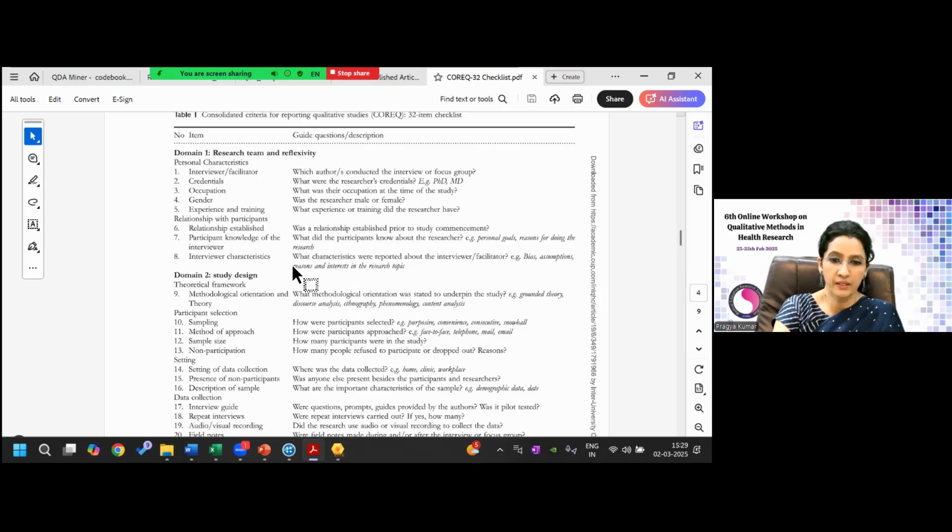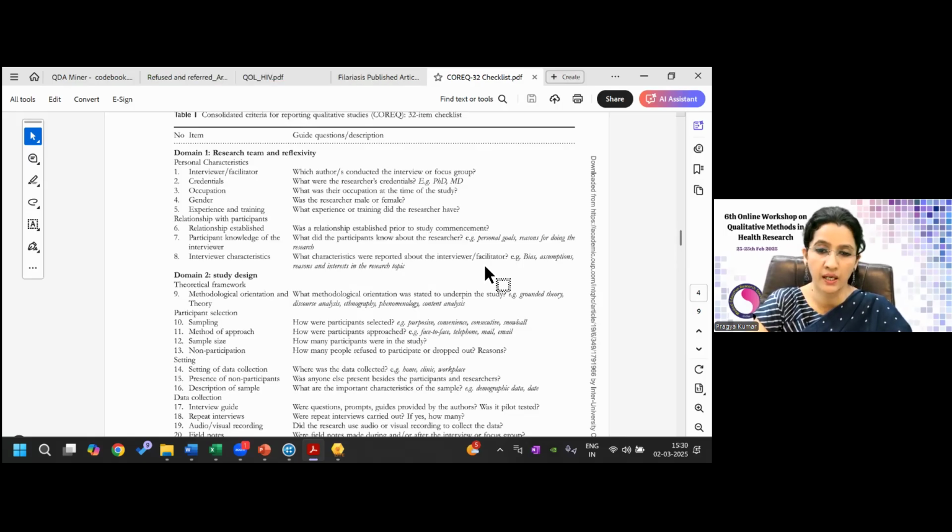And here, in the interviewer characteristics, we have learnt about bracketing, and if you accept your own biases, that helps you in keeping on track also. That is one of the criteria that your results are trustworthy, and all those 4 criteria which we have learned. So this is regarding the first part, which is the research team and reflexivity.